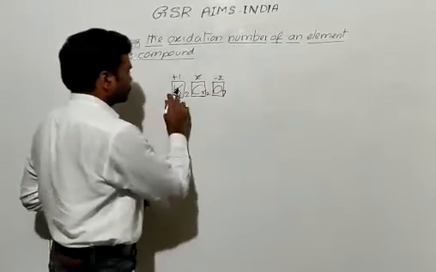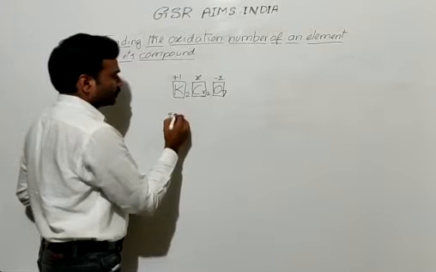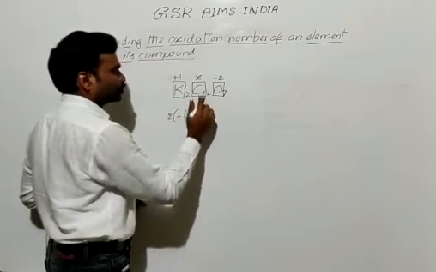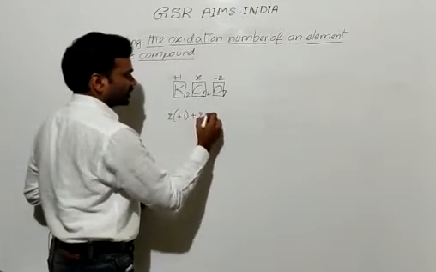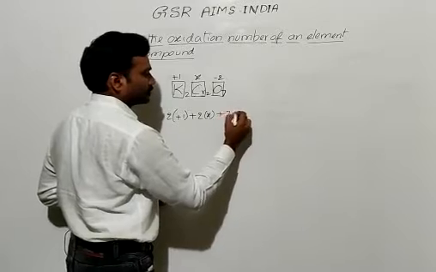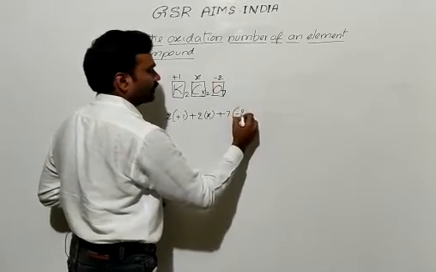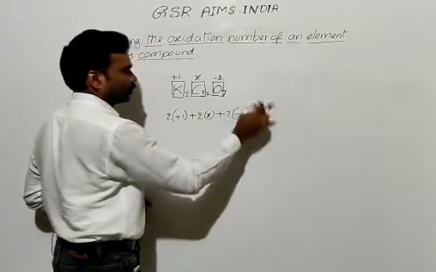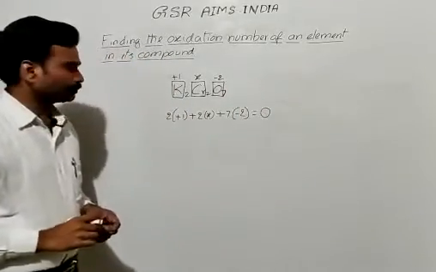There are two potassium atoms, each possessing +1 oxidation state, plus two chromium atoms, each possessing X oxidation state, plus 7 oxygen atoms, each possessing -2 oxidation state, which will be equal to the charge possessed by the molecule, which is 0.